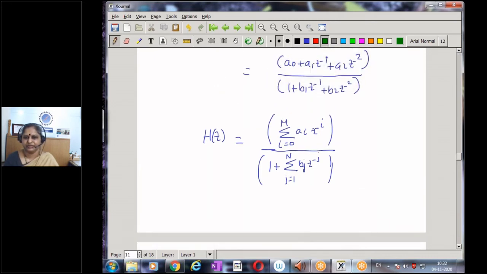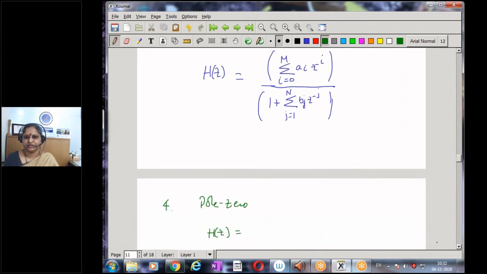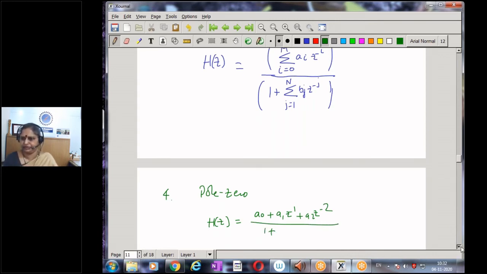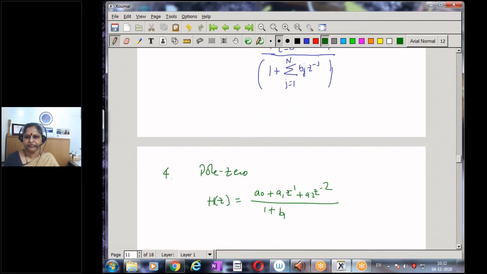my transfer function is now a0 plus a1 z inverse plus a2 z to the power minus 2, divided by 1 plus b1 z inverse plus b2 z to the power minus 2.